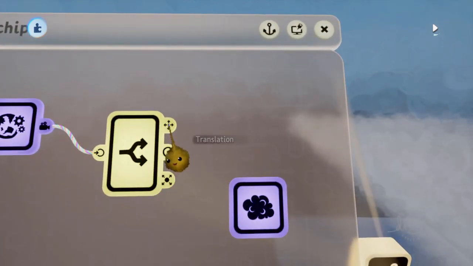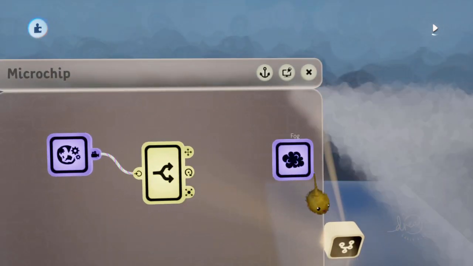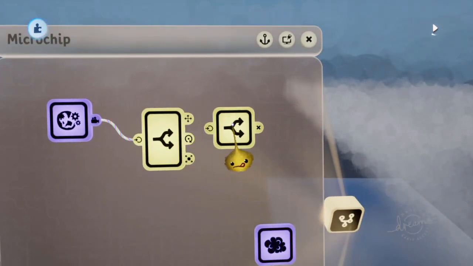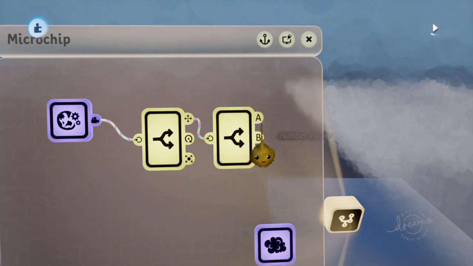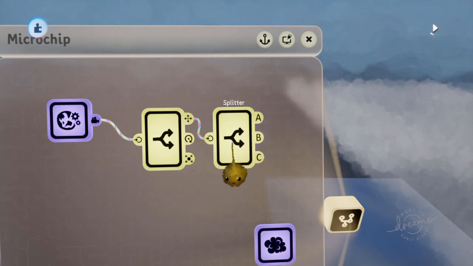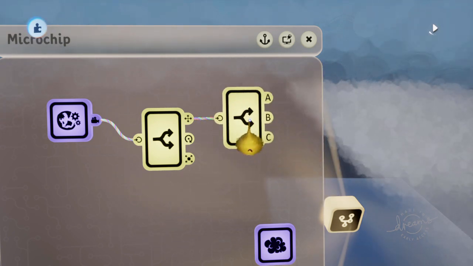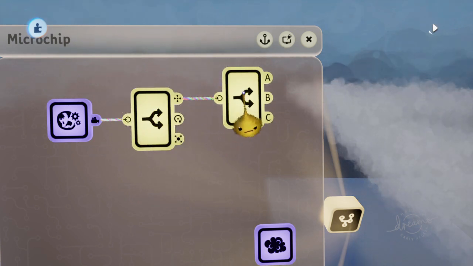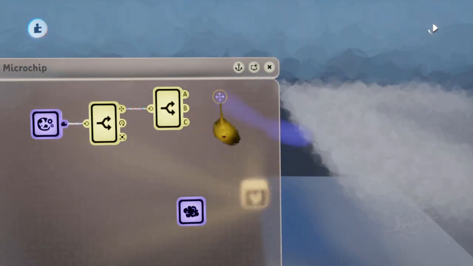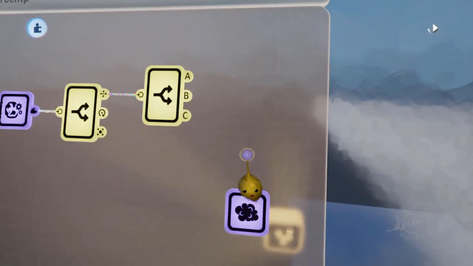That gives us a position and a rotation and a scale. Then we split the position to get X, Y, and Z. It calls these A, B, and C because it's a general purpose three-way vector type of wire. But in this case, they represent X, Y, and Z.